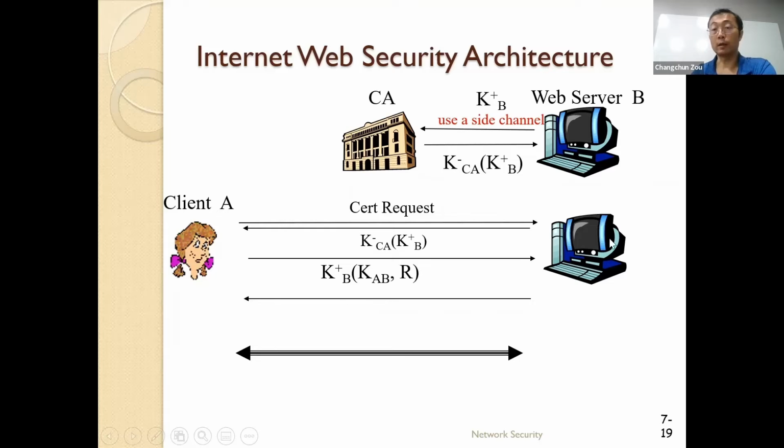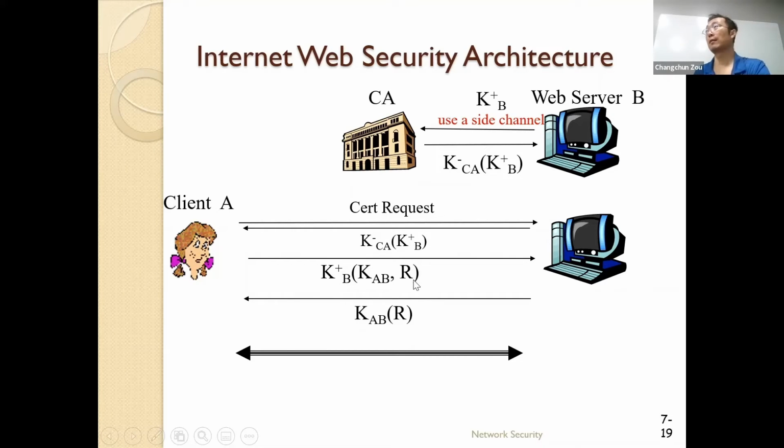Once it decrypts it, the web server knows that this KA is a symmetric encryption key picked by the browser. So now I know that you want to communicate with me using this secret key. The web server B will encrypt this random number using this KAB and send it to Alice.